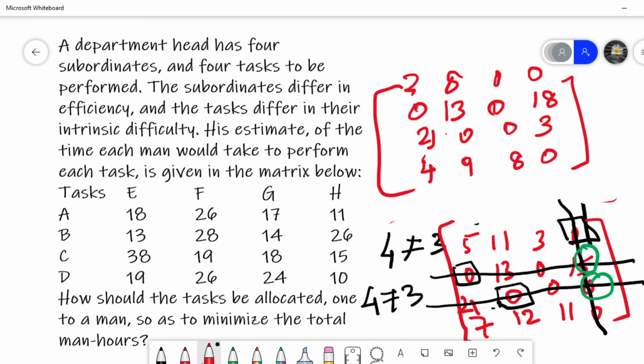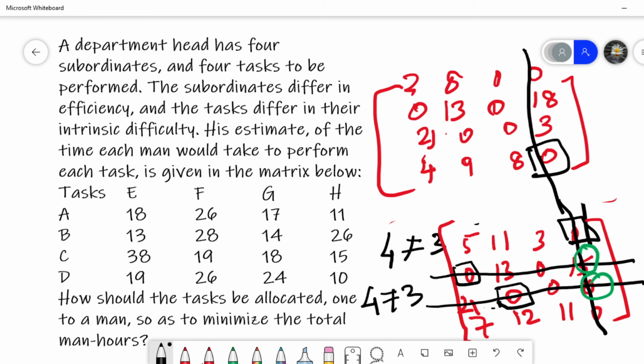In the fourth row we are having only 1 zero. Mark that 0 and draw the vertical line through that 0. Okay. Then we should check whether all the zeros are covered. No.